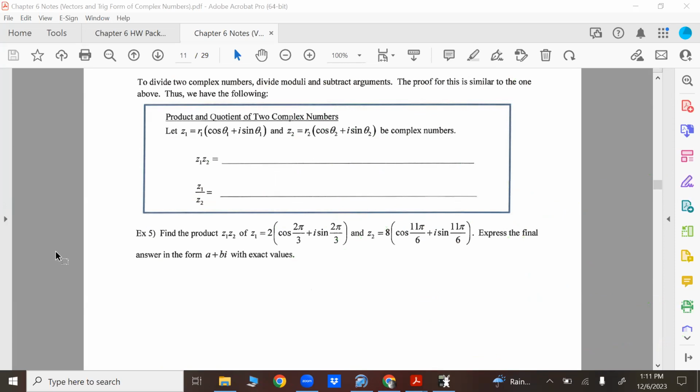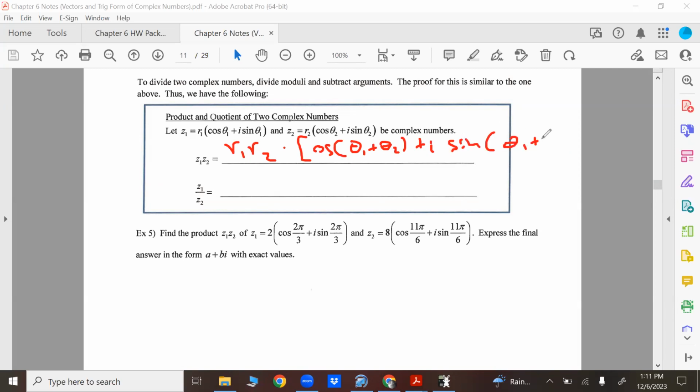By the same token, I'm not gonna do the formal proof for division in the interest of time, but you could do the same thing with some combination of these trig functions. Essentially here's what you got: r1 r2 times the bracket cosine of theta 1 plus theta 2 plus i sine of theta 1 plus theta 2.